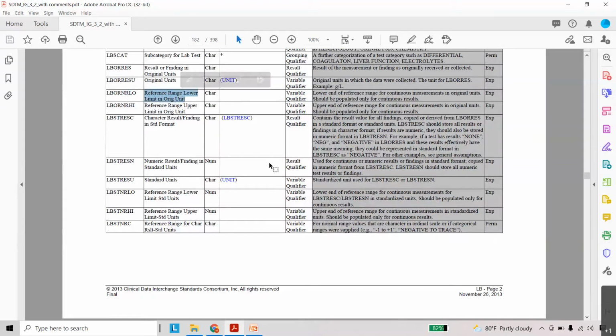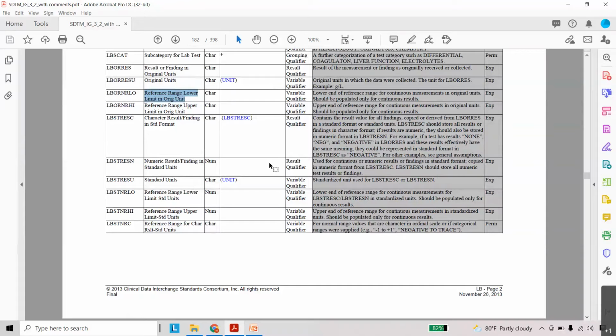Remember, this is respective to the specific test. For the specific test, what are the normal range result values? LBORNRLO is the lower limit, and LBORNRHI is the reference range higher limit.